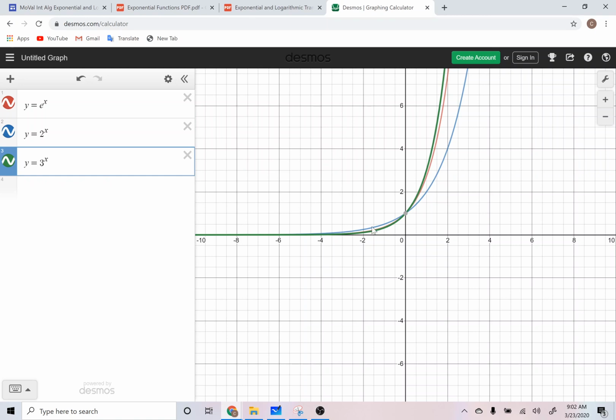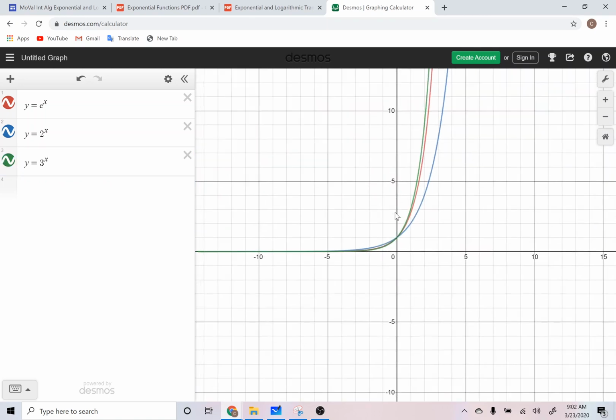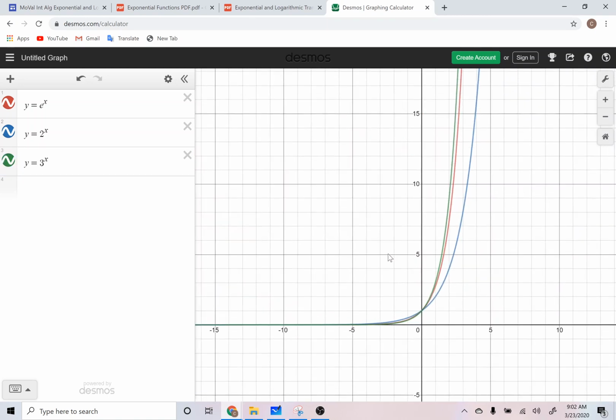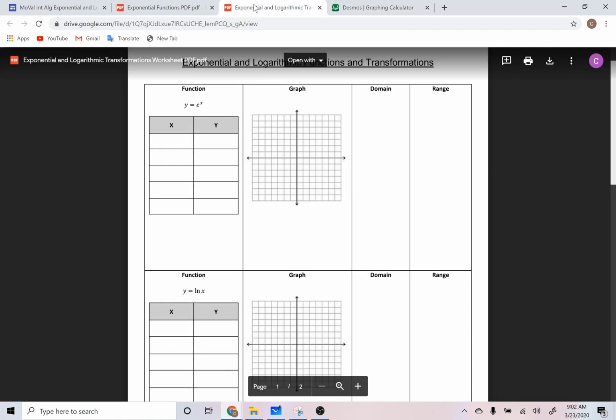So you can kind of see that e to the x falls right between 2 to the x and 3 to the x because it's 2.71. And so my main point here about all of this is that it's just another exponential function, and so it's not much different than the other ones, 2 to the x and 3 to the x, that we've done previously.